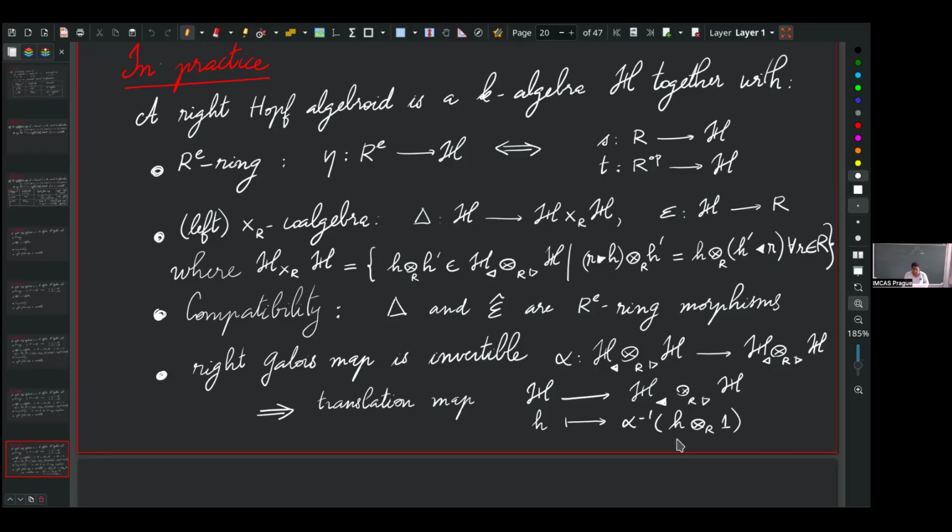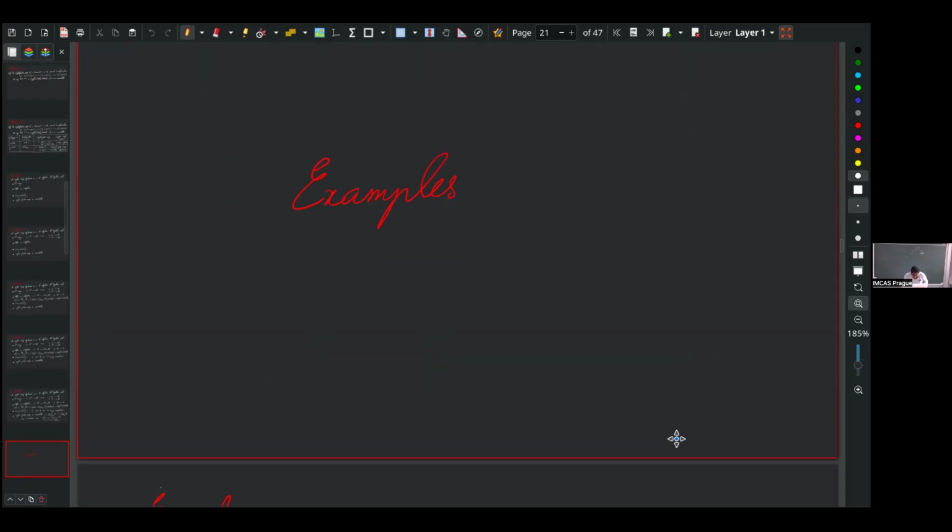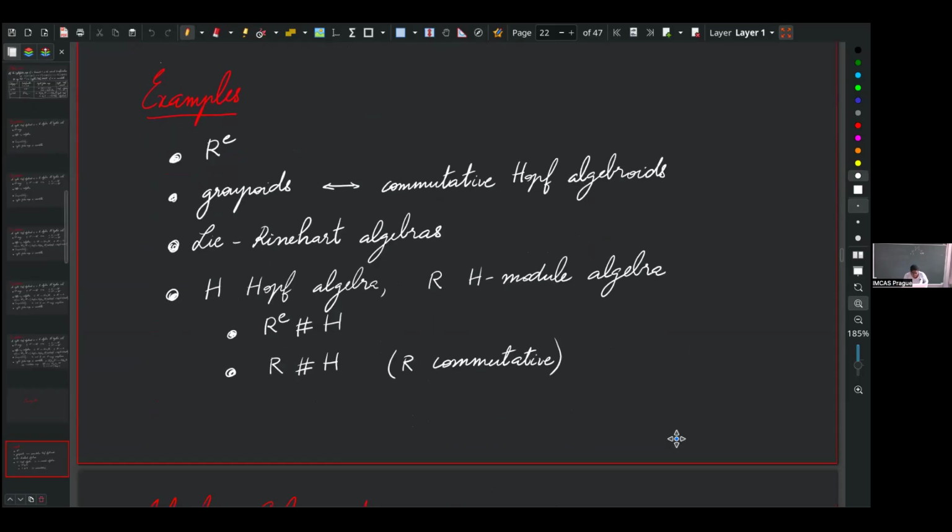And let me give some examples of Hopf algebroids, which are objects often mentioned in this seminar. First we have the enveloping algebra RE, which corresponds to the identity functor, and it is a Hopf monad in an obvious way. Next we have groupoids.